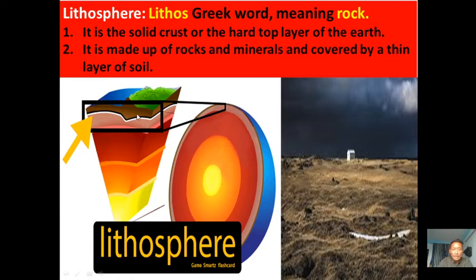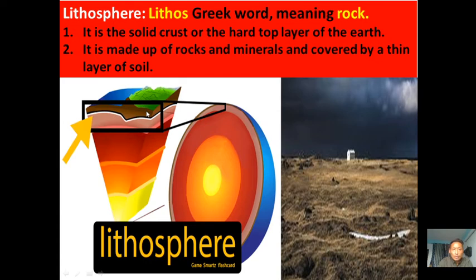Minerals are generally naturally occurring inorganic substances. We have metallic and non-metallic minerals. The lithosphere consists of rocks and minerals, and on top of that it is covered by a thin layer of soil.